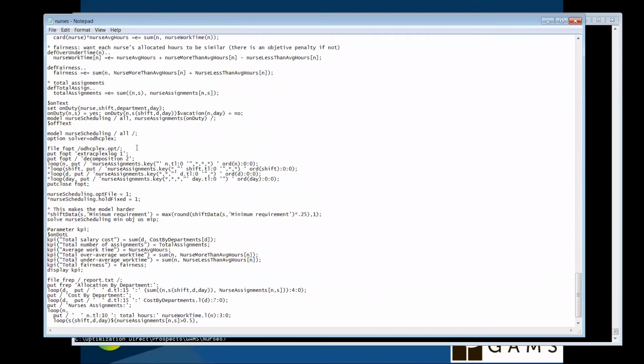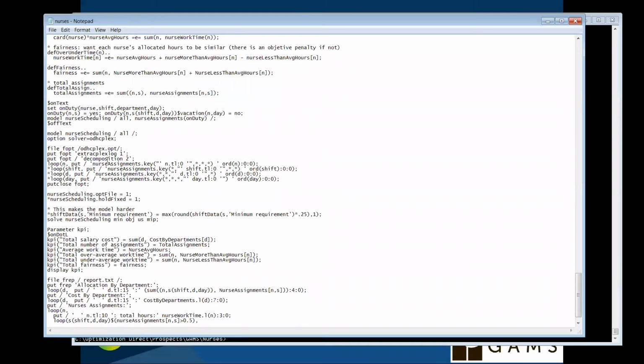Now, having posed the model, we need to run it, and the statements required to run ODH CPLEX and control it are all here within the GAMS file itself. So to begin with, we say we want to use ODH CPLEX as the solver.